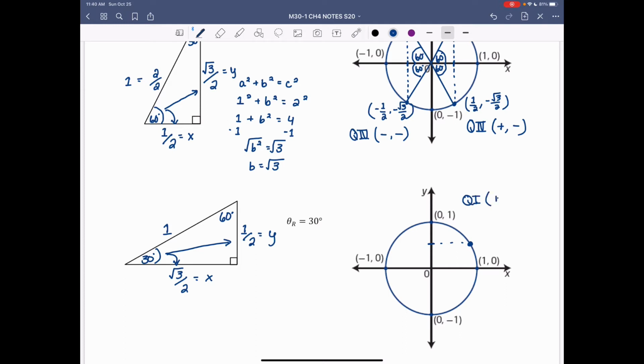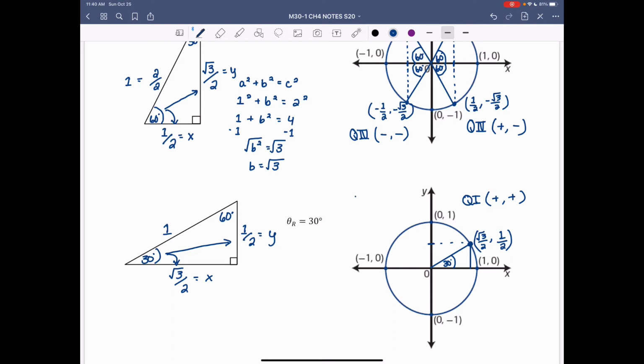Our x value is positive, our y value is also positive. So we would have x is root 3 over 2, and y is 1/2. We can draw our terminal arm to the origin. And now our reference angle is 30 degrees. Then we can draw our right triangle by drawing a line straight down from that point to the x-axis.